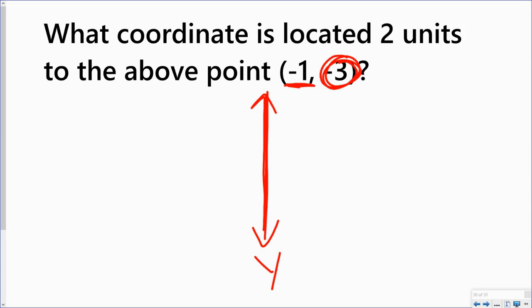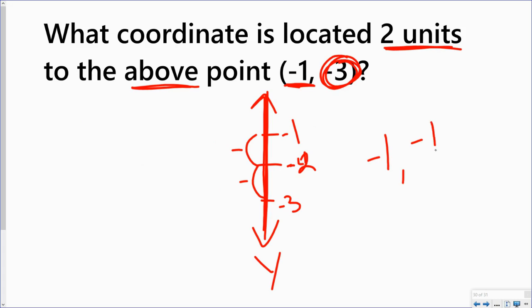And so if I'm here at -3 and I want to go 2 units above -3, this would give me 1 unit, and this would give me another unit, which would be my 2, and this would be -2, and this would be -1. And so my new point would be -1, -1.